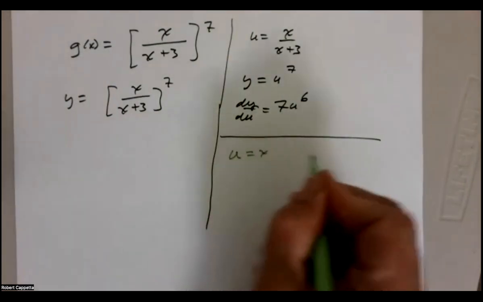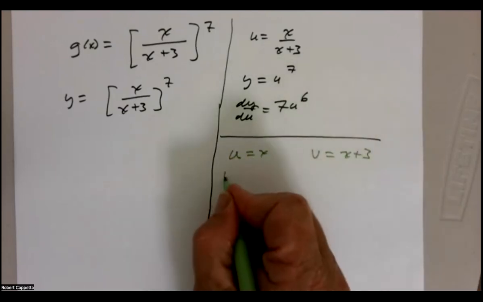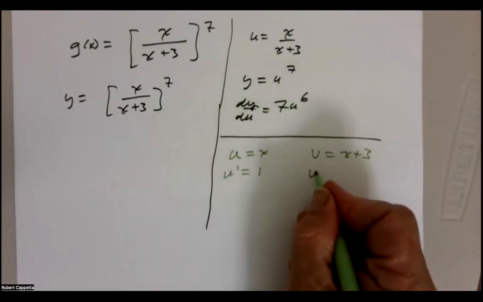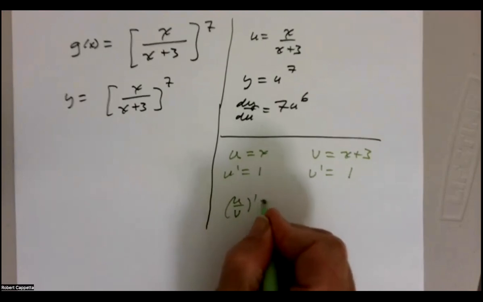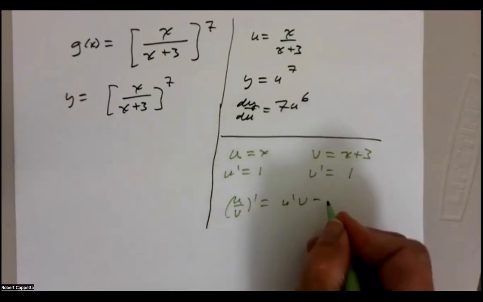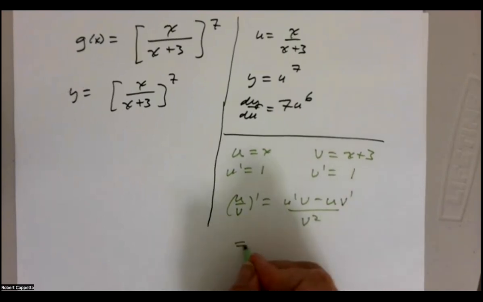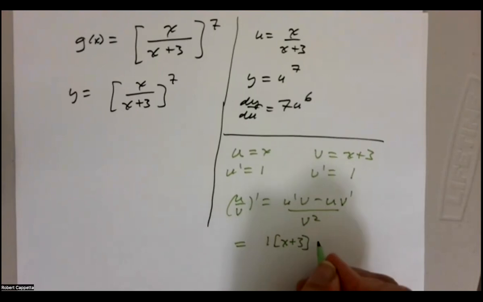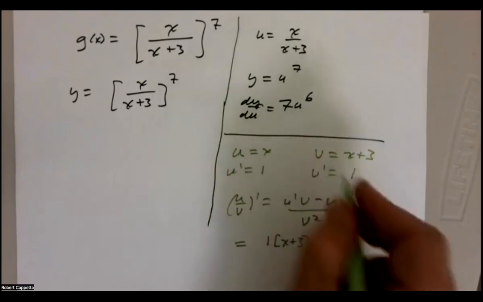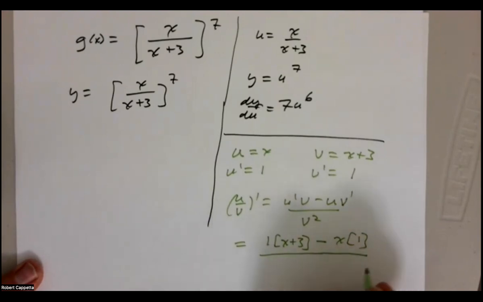Green u is x, green v is x plus 3, green u prime is 1, green v prime is 1, green u over green v prime is u prime v minus uv prime over v squared. What do I get? U prime v, 1 times x plus 3 minus uv prime, minus x times 1, all over v squared.